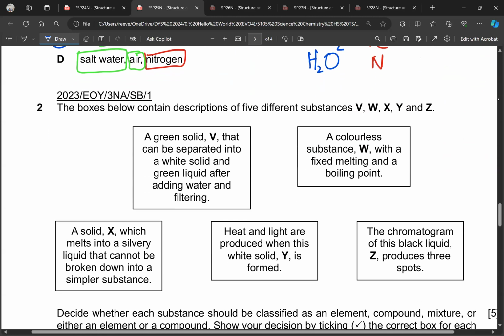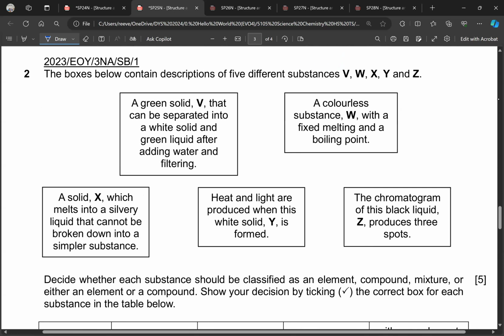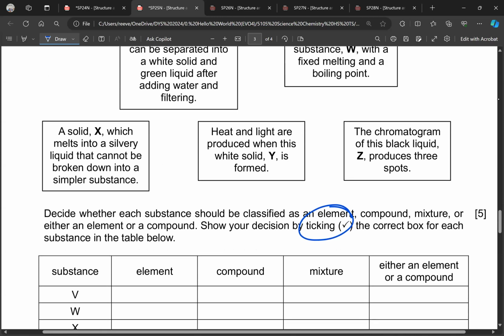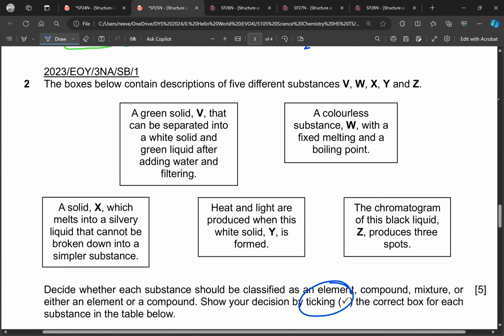Wow, this is difficult. 5 marks. It looks so easy just to put 5 ticks. Every tick that you put costs you 1 mark. The question is, do you know which one is element, which one is compound, which one is mixture? Okay, let's look at the first one.